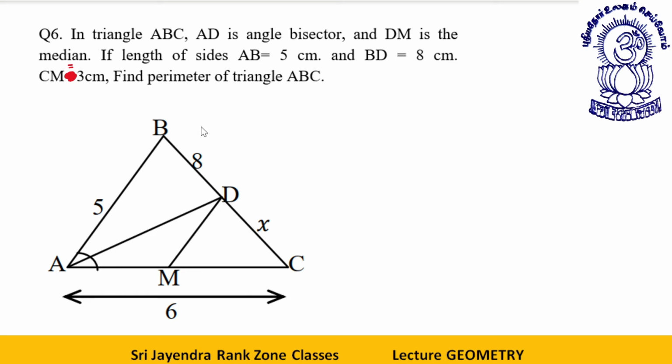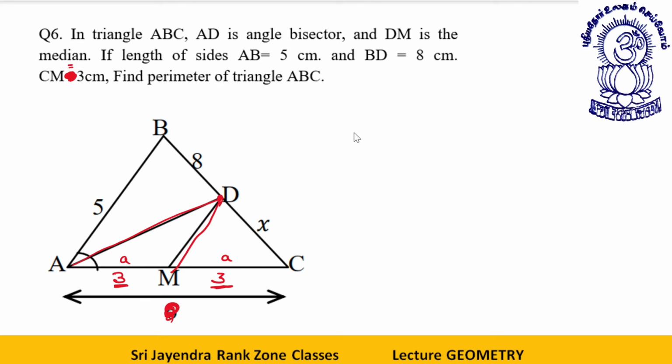Okay, dear students. First of all, AD is the angle bisector. Now this DM is the median. When this DM is the median, initially this section is not provided to you. Since this is the median, it will divide it into two equal parts. If this is A, this will also be A. This is given to you as 3, therefore this will also be 3.